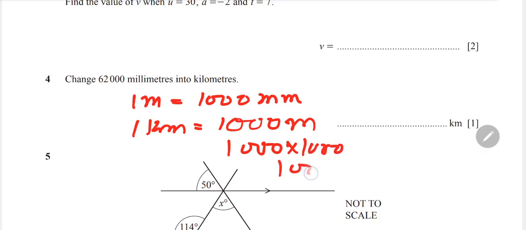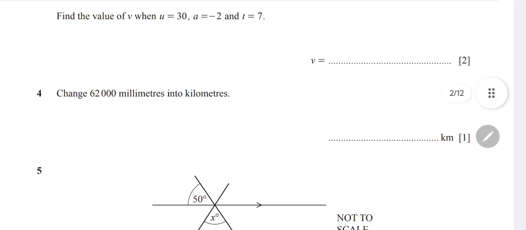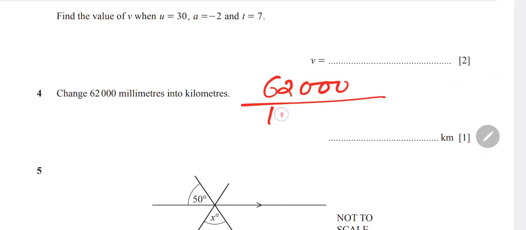is equal to 1 followed by 6 zeros. Here we have 1 million millimeters. Now divide this value by 1 million. How? 62,000 divided by 1 followed by 6 zeros. So the 3 zeros cancel each other.